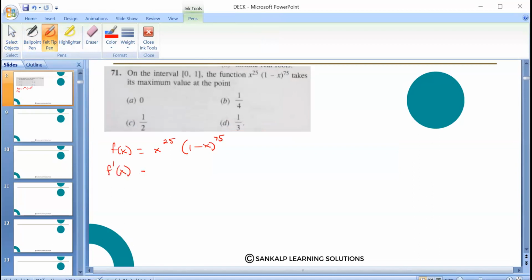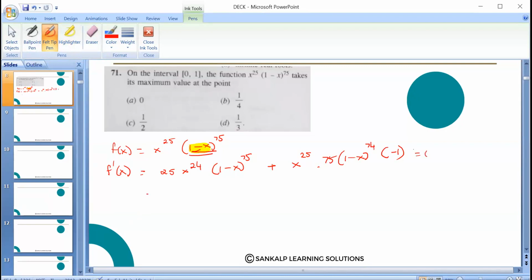The derivative using product rule: x power 25 derivative is 25 x power 24, 1 minus x power 75, plus x power 25 into, here for the derivative you will use chain rule, that is x power 75 derivative is 75, 1 minus x power 74 into derivative of 1 minus x, which is minus 1.